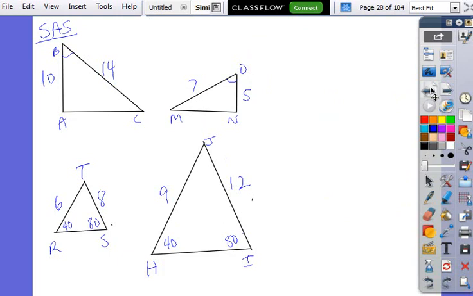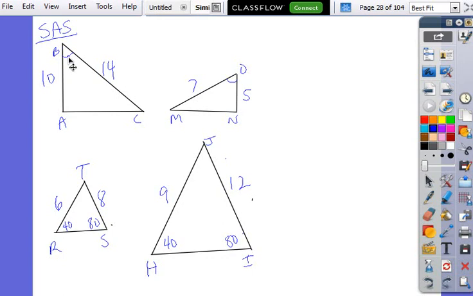Is angle B that's marked right here in between the 10 and the 14? Yeah. Looks like it is to me. Is angle D in between the 5 and the 7? If that works, then I'm going to check the sides. We're going to check the sides just like we did a second ago. How do I check the sides? Small matches up and then the big one matches up.